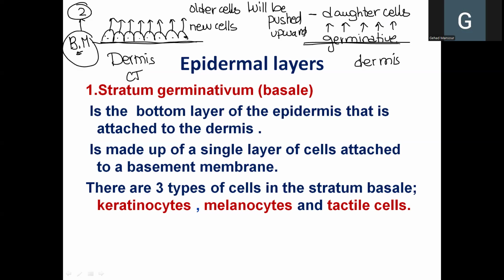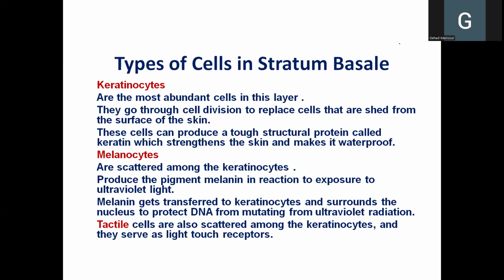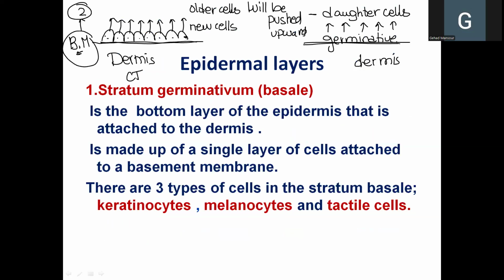The first layer of the epidermis, as we said before, which is the germinative layer, contains three different types of cells. So what are these three cells?